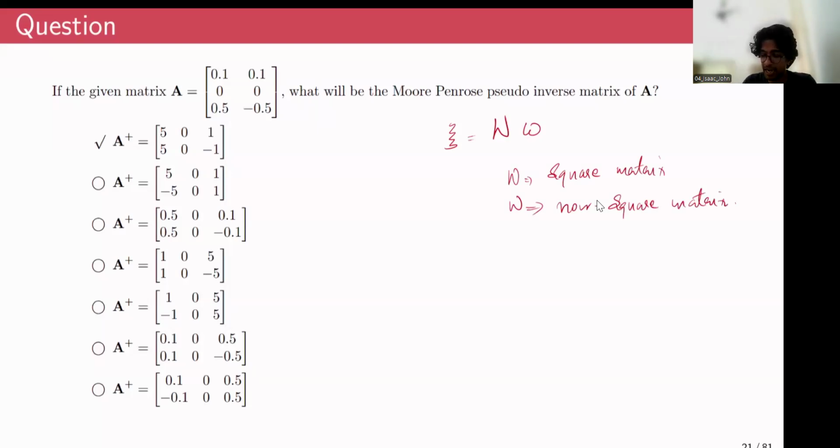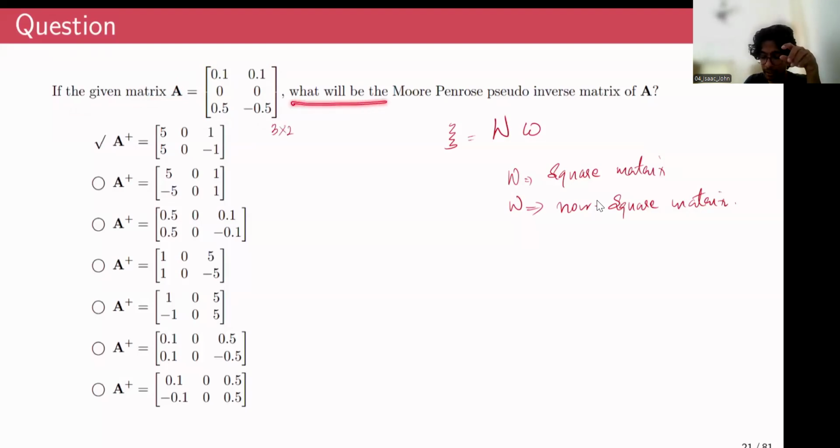If W is a square matrix, it's pretty easy to take its inverse, because the inverse for a square matrix is very well defined. But if W is a non-square matrix and you have to take an inverse, as given in the question, where A is a matrix like so, this is a 3x2 matrix, which has 3 columns and 2 rows.